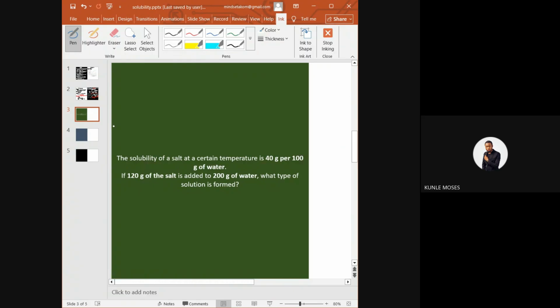So, like I said, we want to calculate the actual and the expected mass. If it is too much, then we can say it is supersaturated. If it is the same thing, we can say saturated. Okay, let's check. Now, follow me.